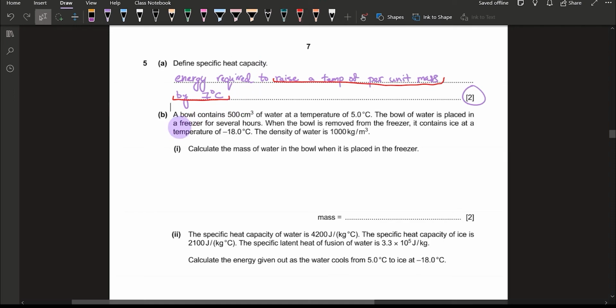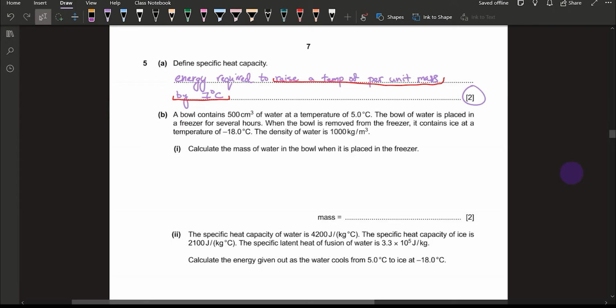Part B says a bowl contains 500 centimeter cube of water at a temperature of this. The bowl of water is placed in a freezer for several hours. When the bowl is removed from the freezer, it contains ice at a temperature of this. The density of the water is this. Part 1 says calculate the mass of the water in the bowl when it's placed in the freezer.